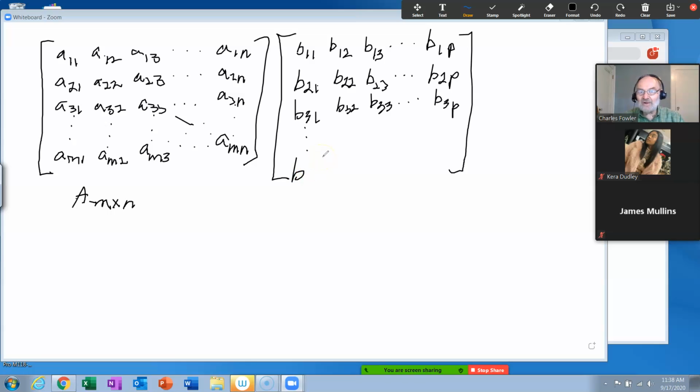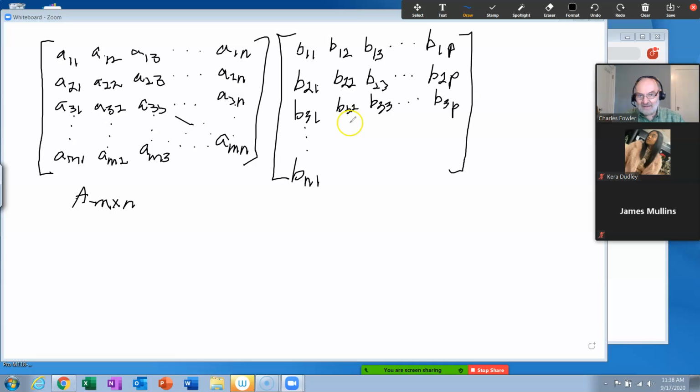Now, here's what B has to have. It has to have N rows because A had N columns. And the only way to do your multiplication, the number of columns of the first one has to equal the number of rows of the second one.